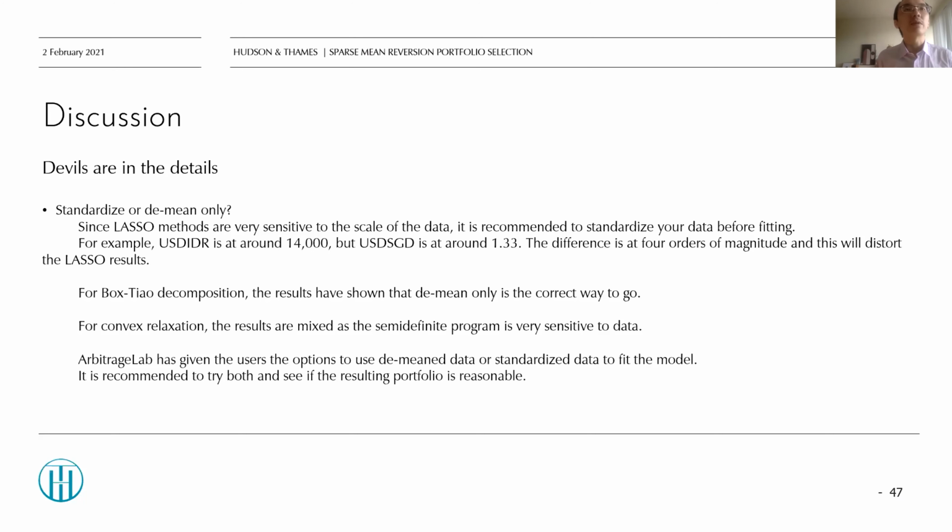Sometimes it will work on the mean-only data, and sometimes it will only work on the standardized data. So in ArbitrageLab, I have given the users the option to use either the demeaned data or standardized data to fit the model. It may sound a little bit like alchemy, but I think the best way is just to try it out and see if the result actually makes sense.